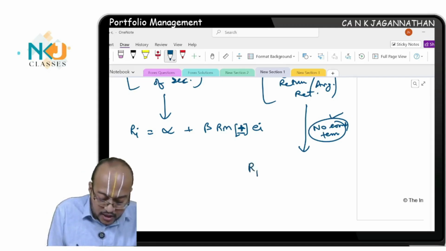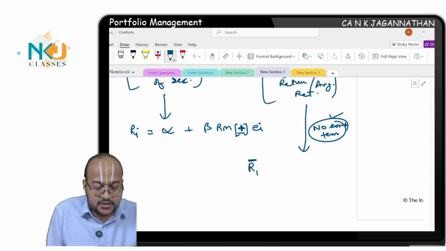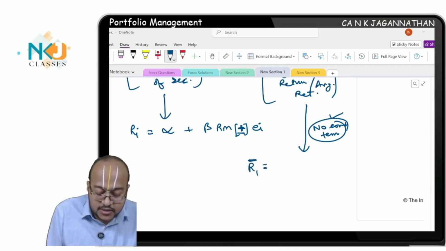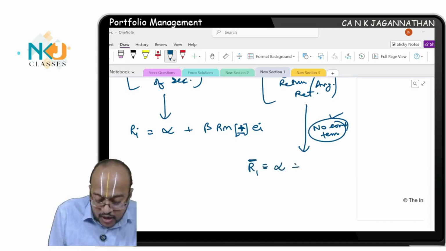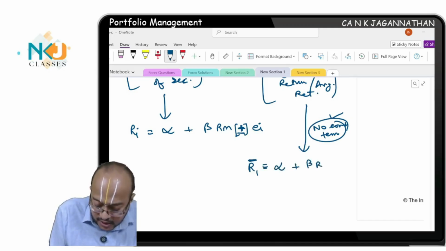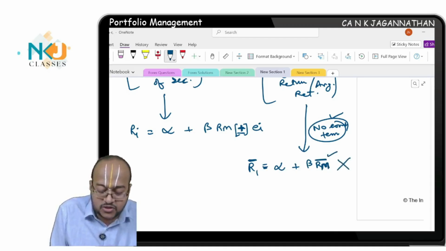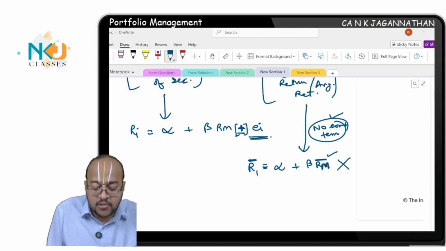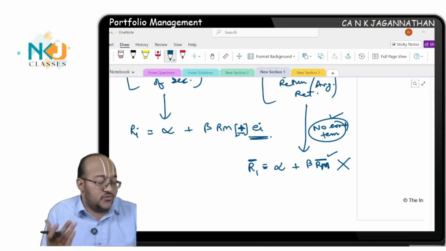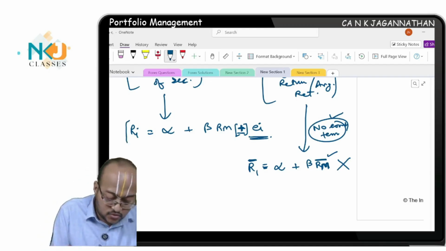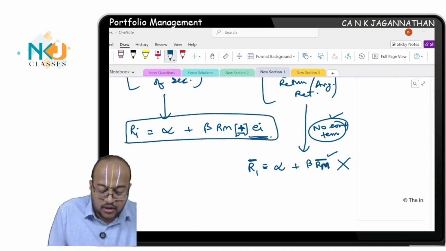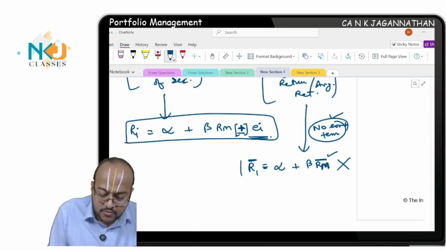Then Ri, this I call the regressed return. Ri bar is nothing but alpha plus beta times the Rm bar. Are you all understanding? Here, if you use the average market return, then you will get this, and there will be no error term. The plus or minus error term will vanish, because this will never have any error term. These are the two important things you need to understand. This is what I am consolidating here.